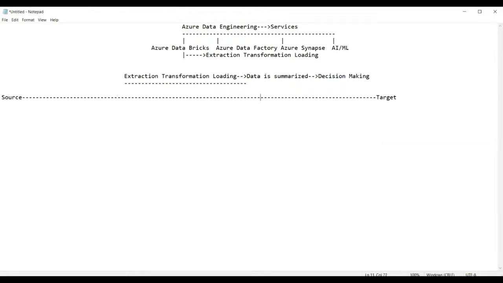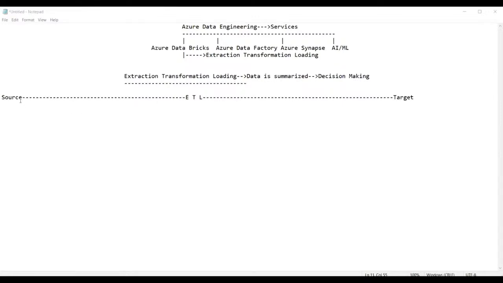Between the source and the target, this process of ETL is always applied, irrespective of whatever service you use. Generally, I'm talking about ETL. ETL is a process where the data is summarized.